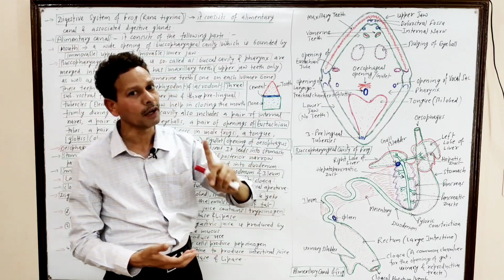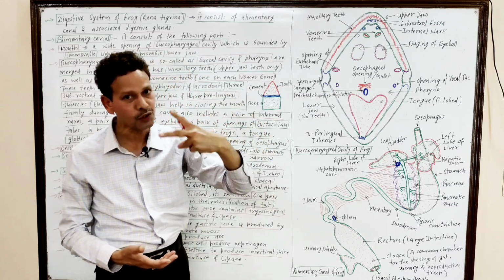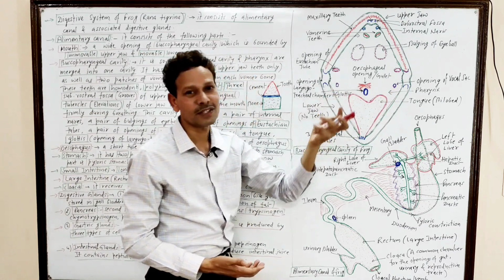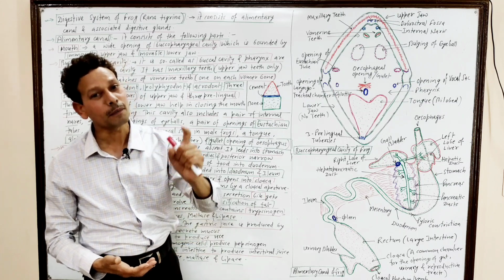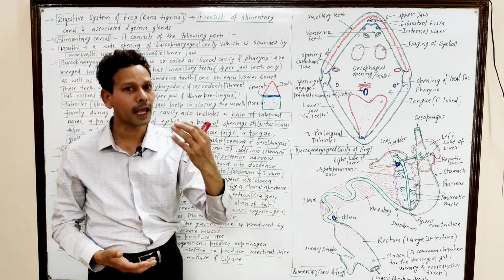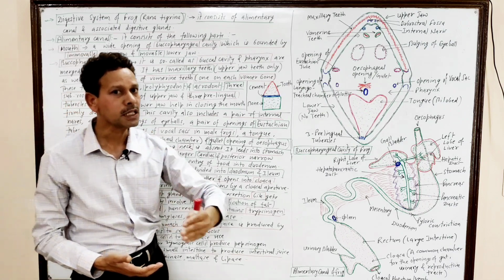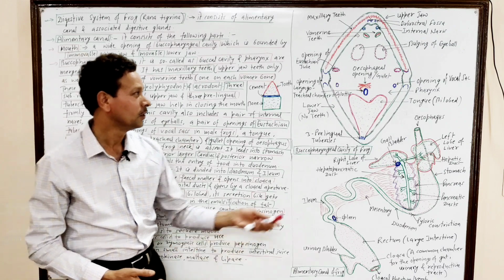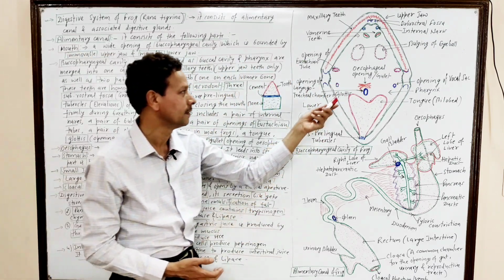Dear students, these apertures represent the openings of vocal sacs in the male frog only, because the male frog has a pair of vocal sacs which act as resonators. It means the male frog croaks loudly as compared to the female frog due to the presence of additional vocal sac resonators.